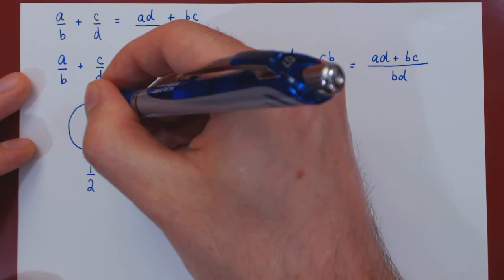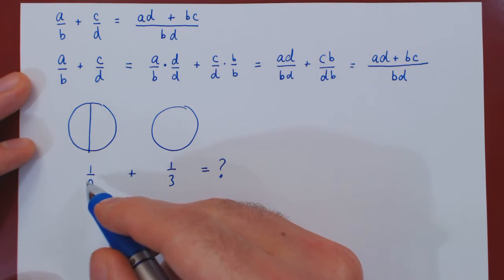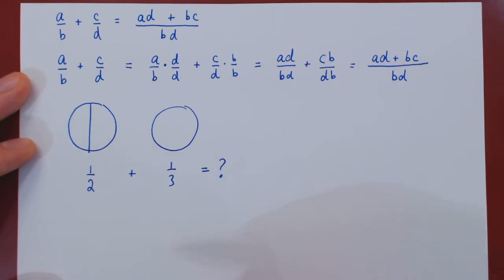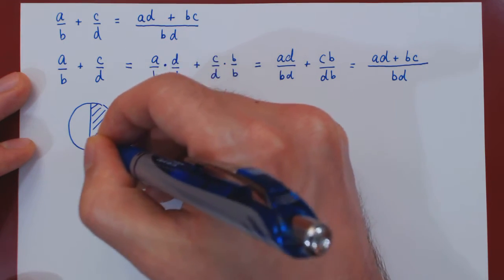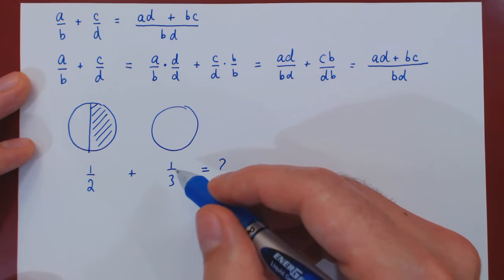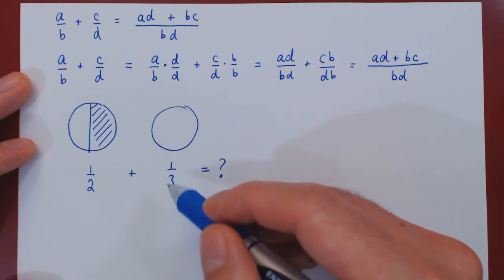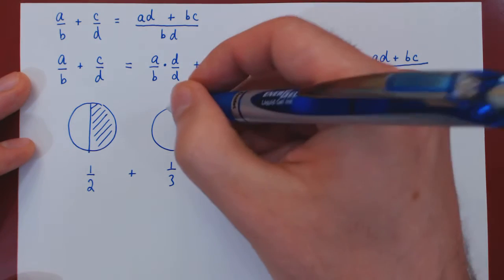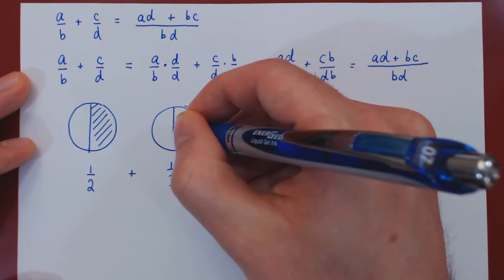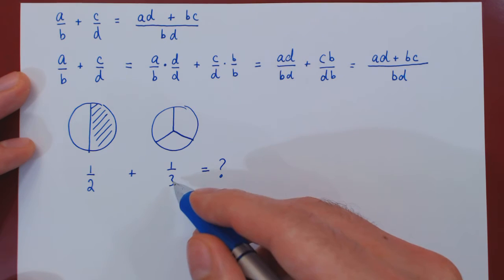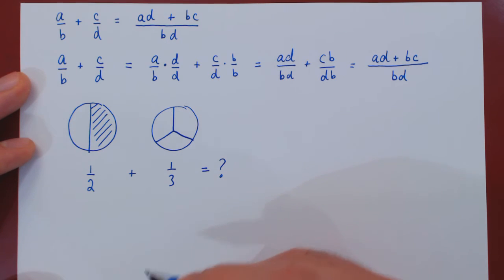So 1/2, we split the circle into two pieces of equal size, and we take one of them. So this is our 1/2. In the other case, we divide the circle now into three pieces of equal size. And we take only one of those pieces.